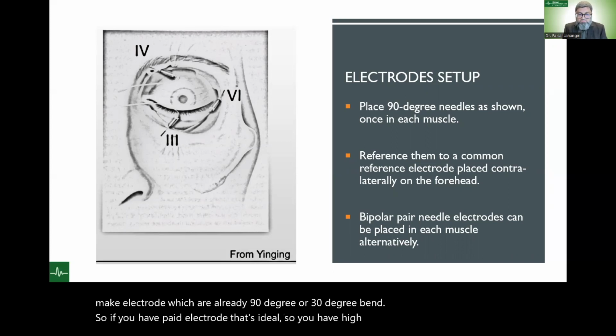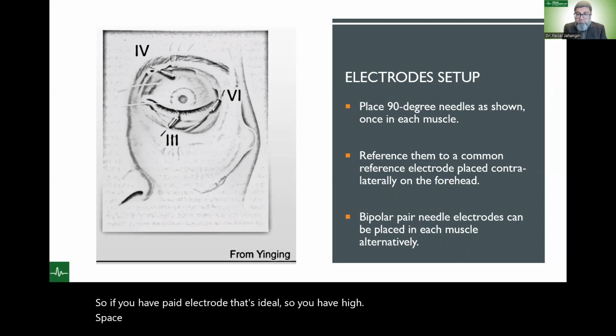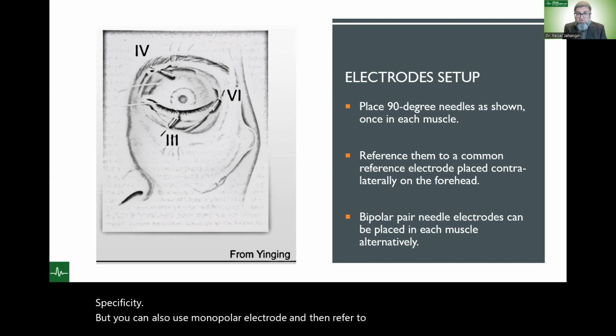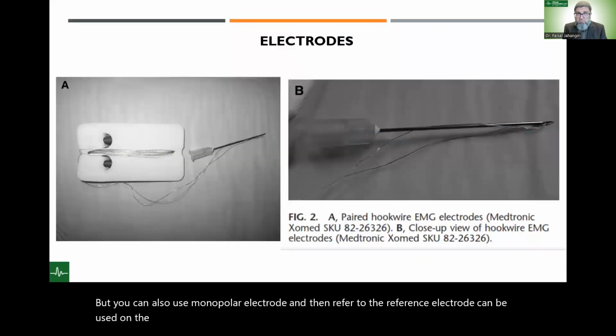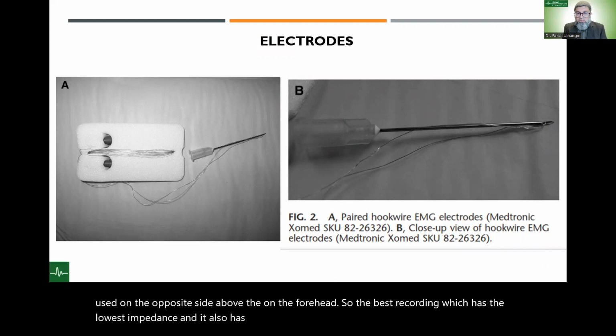So you have high specificity, but you can also use a monopole electrode, and then the reference electrode can be used on the opposite side above on the forehead. The best recording, which has the lowest impedance and doesn't pick up far field responses, is the paired hook wire EMG electrode.